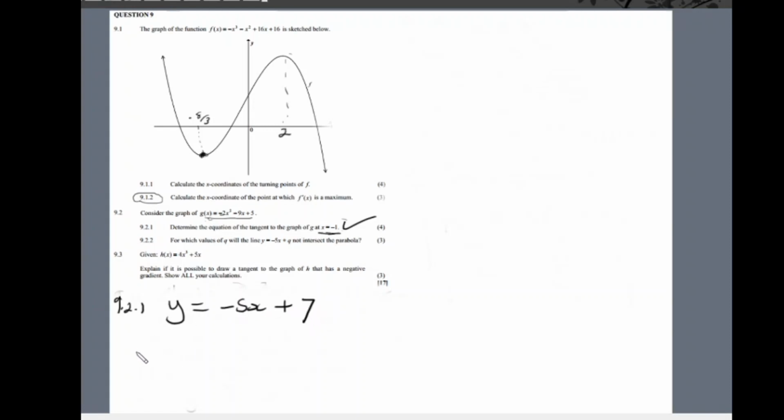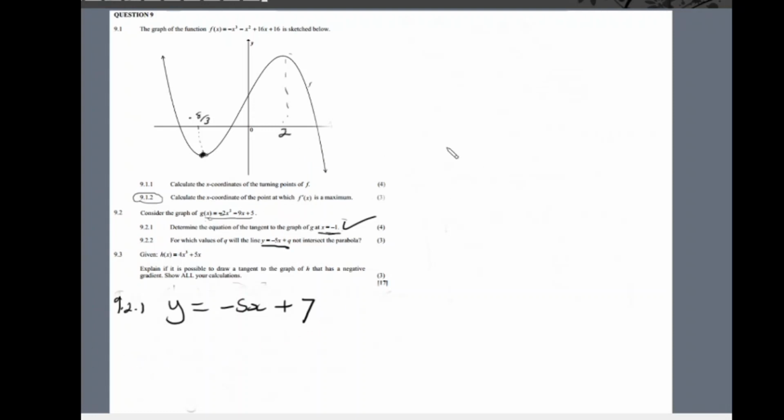And then 9.2.2, they want to know for which values of q the line y equals minus 5x plus q will not intersect the parabola, right?